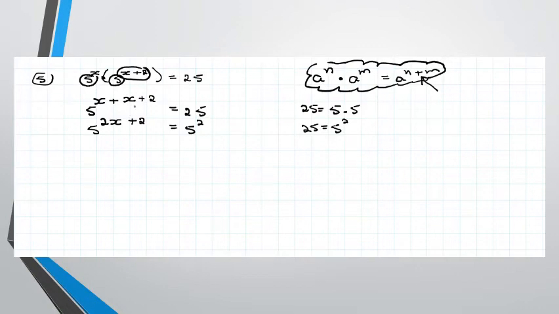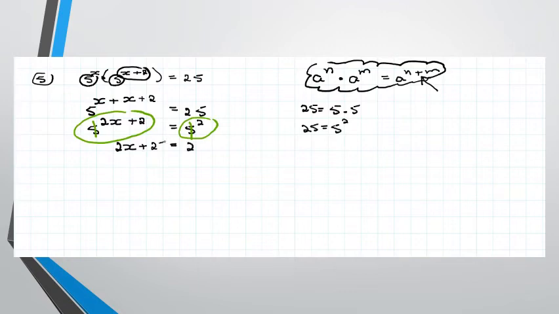Now, I have one term on the left and one term on the right, where the bases are the same. So I'm going to cancel the bases. I'm left with 2x plus 2 equals 2.